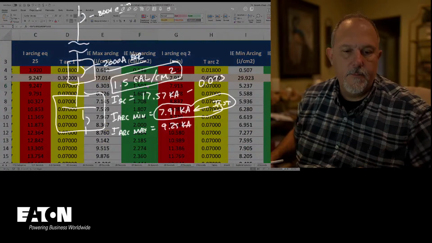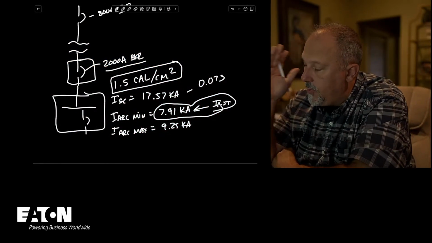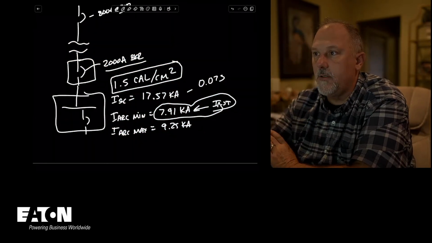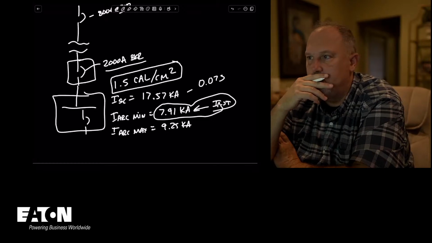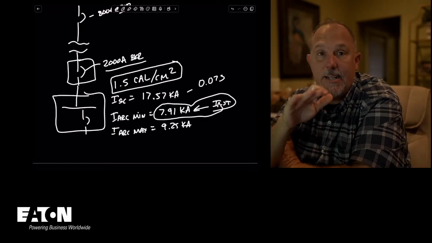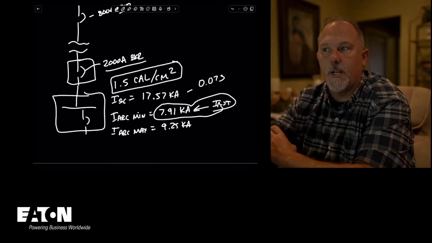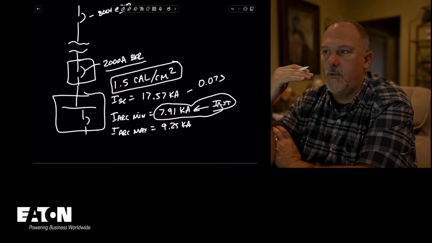All right. So now I am at 1.5 calories per centimeter squared. And I didn't have to put an arc reduction maintenance switch in.